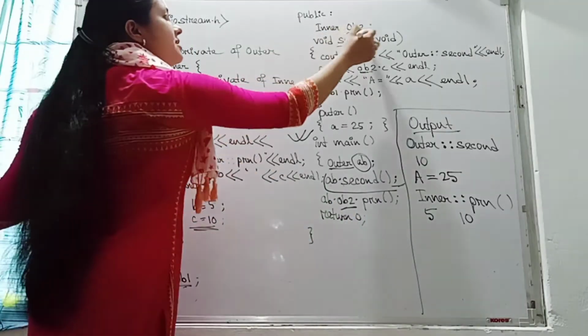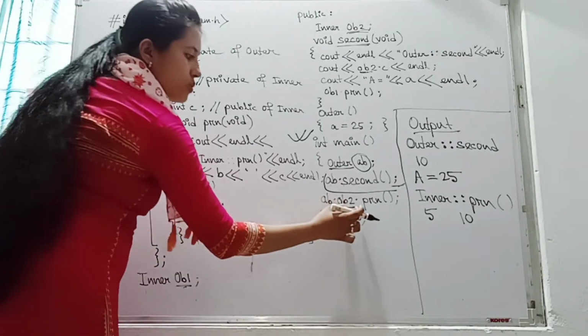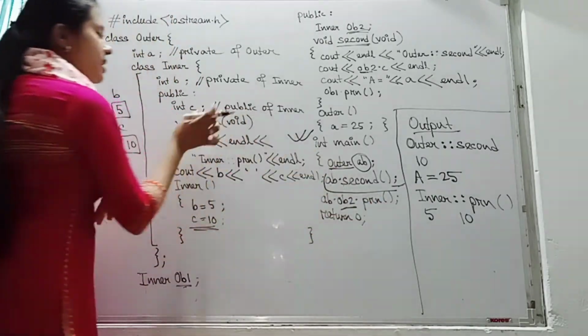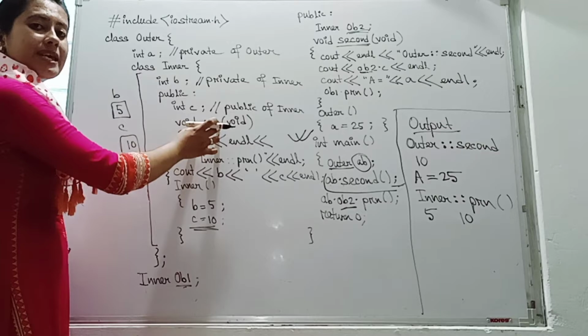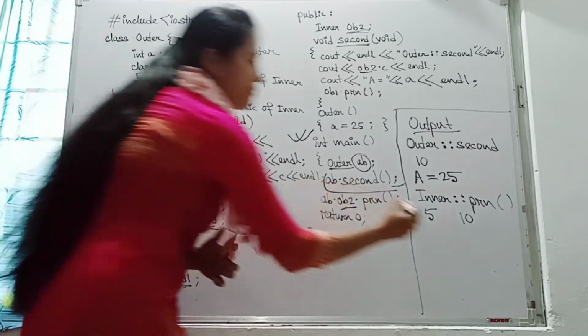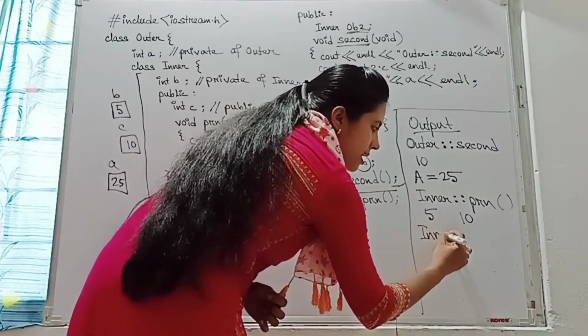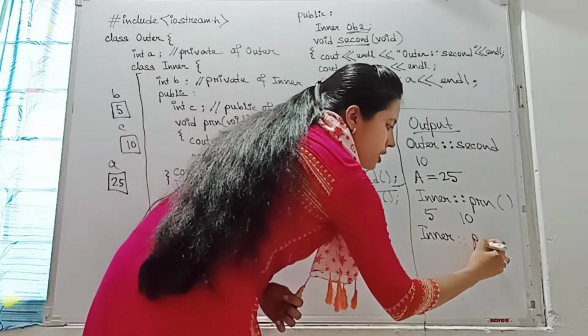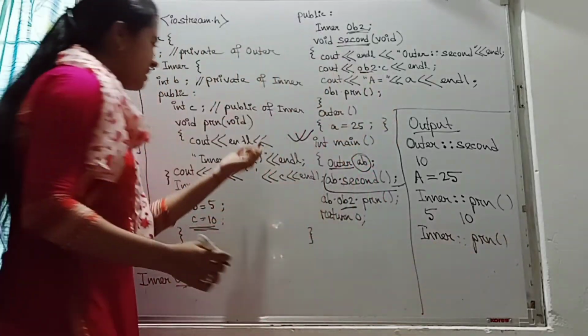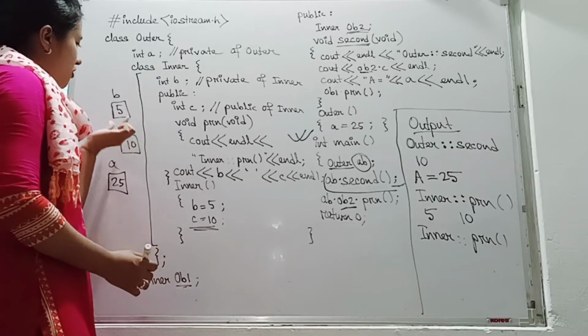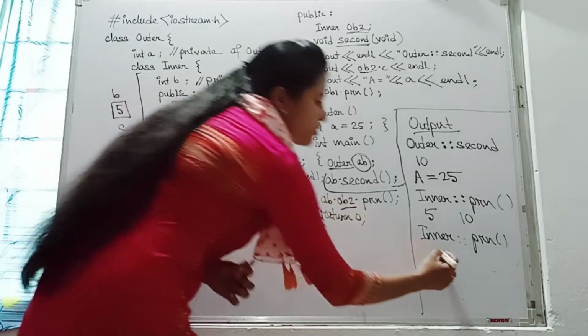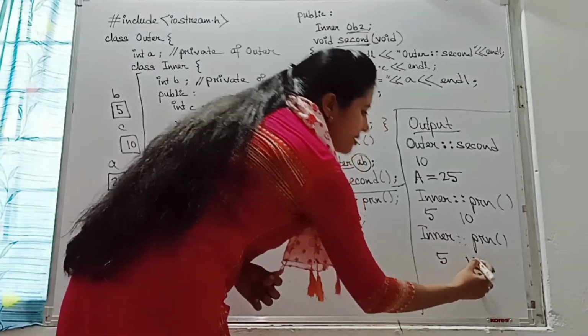Object number 2 is defined here. So through this object 2, it will now again use this PRN. Inside PRN we have written inner scope resolution PRN. Then it will go to the next line. What is the value of B? 5, C is 10. So it will write 5 and 10.